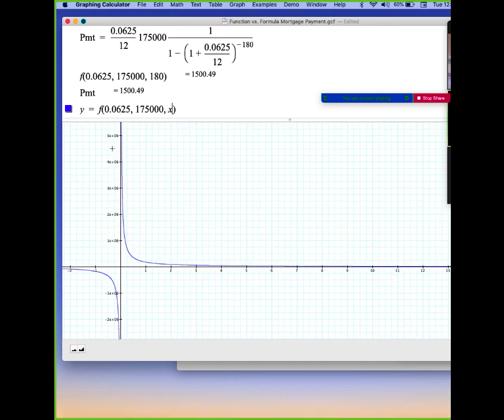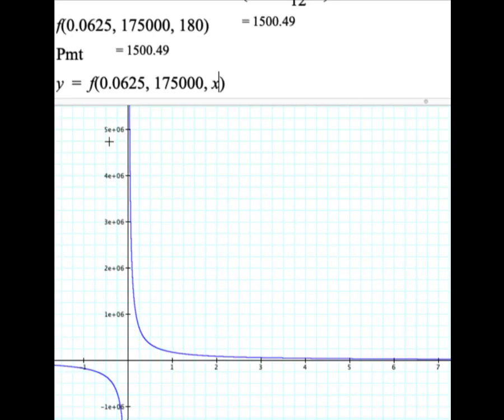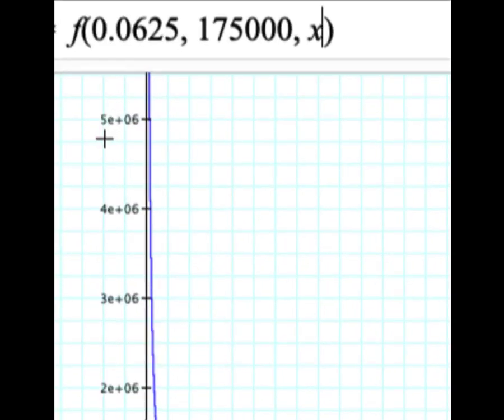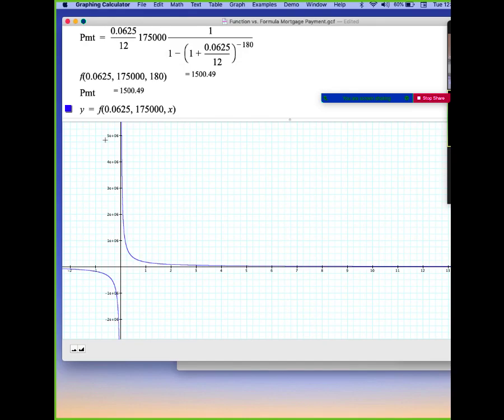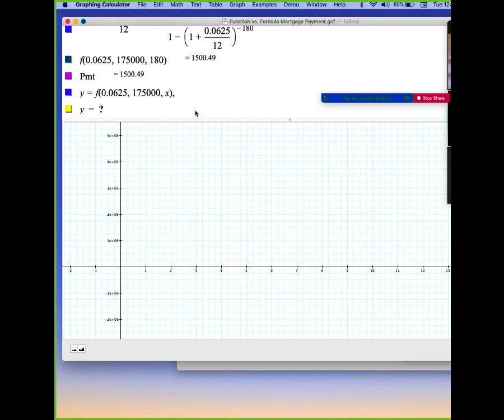What am I looking at here? 5 times 10 to the 6th. It's 500,000. Yeah, so you would never have less than one payment. So let's make a good scale here. So how should we restrict the axes? Because you can't have less than one payment, right? Total payment. So what should we put? X is greater than or equal to 1, right?